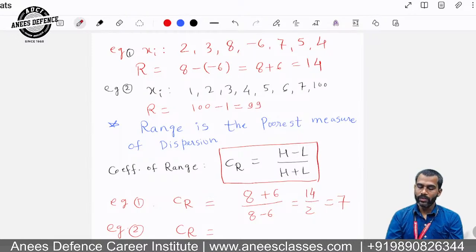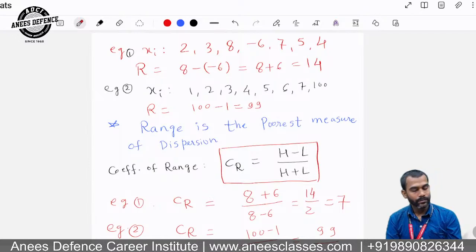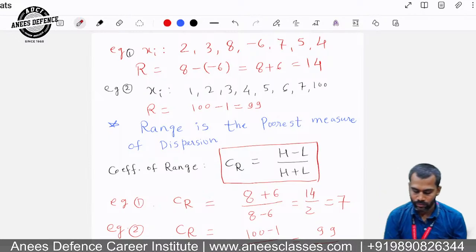For second example, tell me, 100 minus 1 divided by 100 plus 1 is equal to 99 over 101. Done. Understood, everyone? So I hope you have understood what is range and what is coefficient of range.